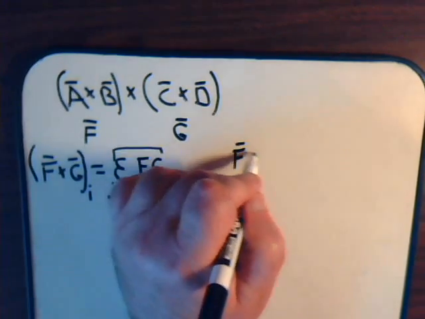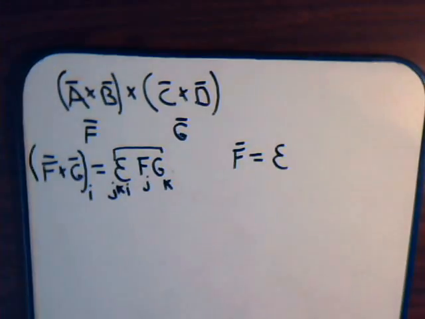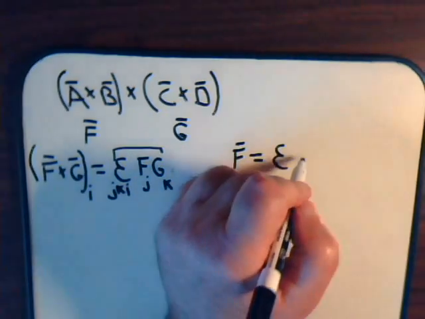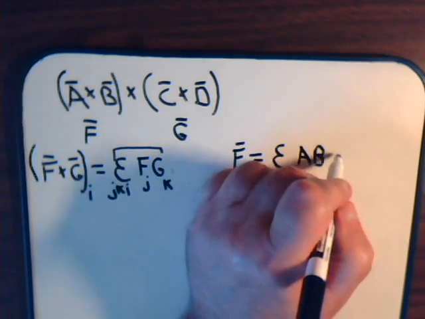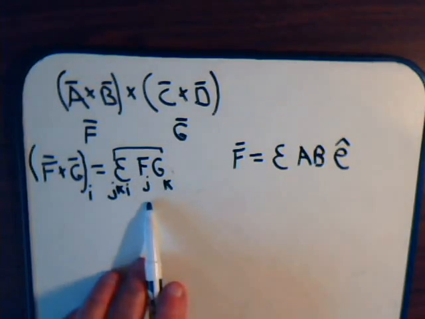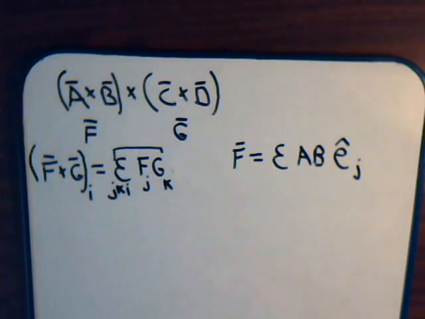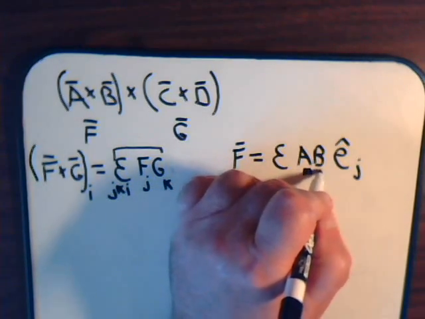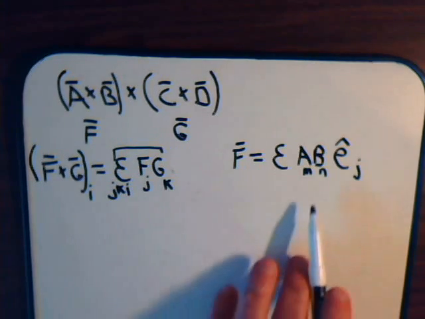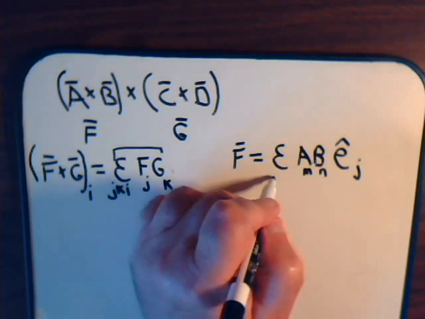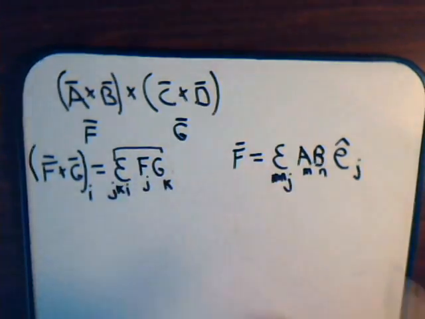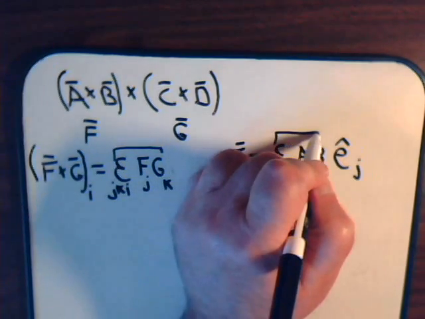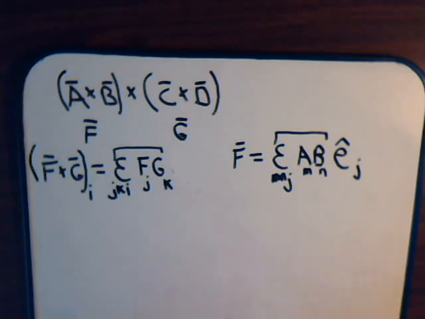First we'll say F equals epsilon A B times some unit vector, and we are looking for an Fj component, so we'll label this J, and then for A and B, let's call this M and N, so this is epsilon M N J. And we know that this is F of J. So we're going to write it like this, take this away, and there's F of J.